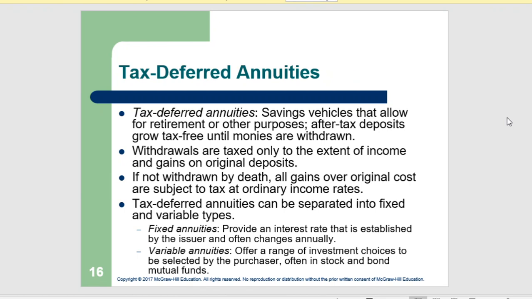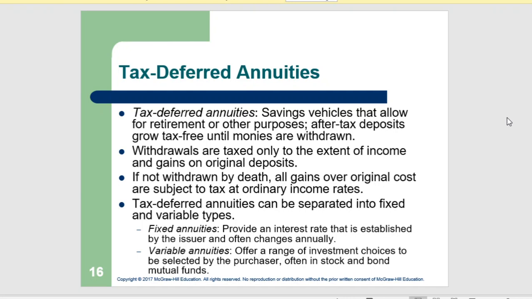Another option are tax-deferred annuities. Tax-deferred annuities are savings vehicles that pay a steady stream of income, right? You get a steady stream of income once the annuity starts paying, usually at a particular age. Withdrawals are taxed only to the extent of income and gains on the original deposits. If not withdrawn by death, all gains over original cost are subject to tax at ordinary income tax rates.